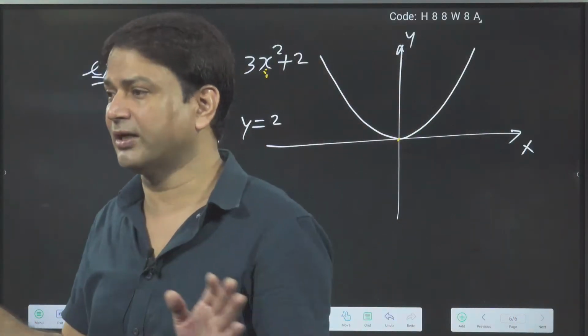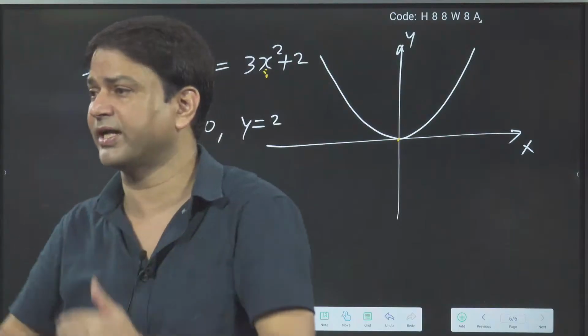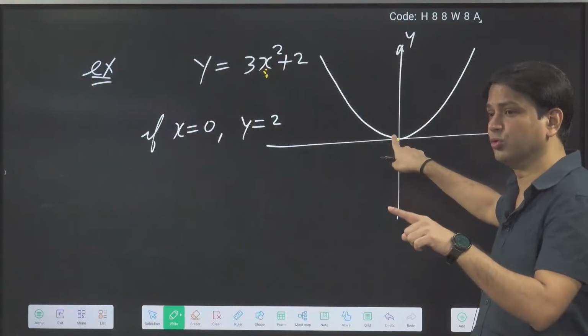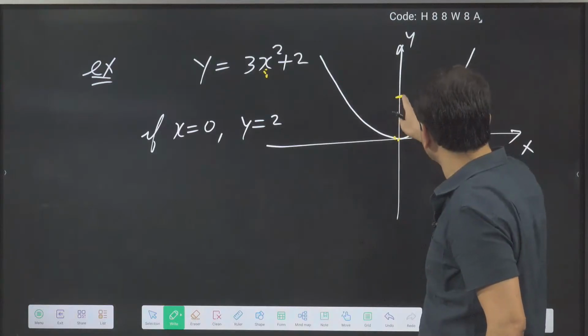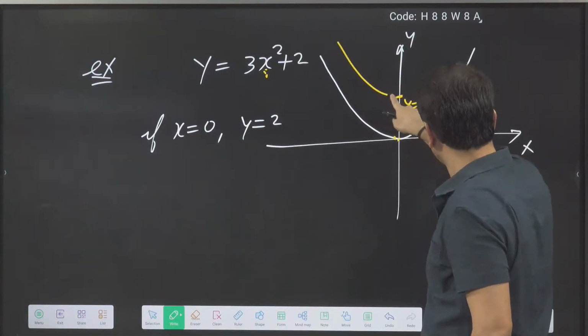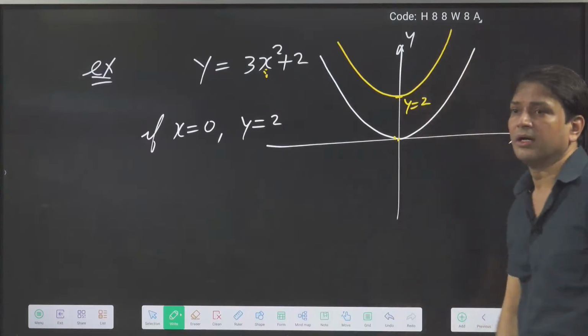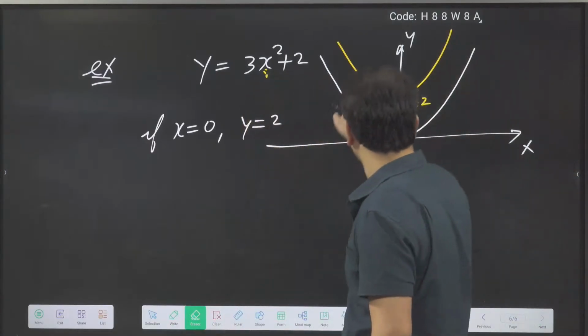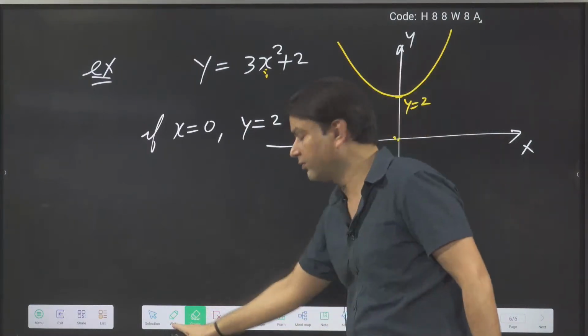What I said, the pattern will not change, only the position will change. We will shift this parabola to y is equal to 2. Suppose y is equal to 2 is here, so we will make this parabola. So the shape will not change, only the position will change. Then we got this parabola as the answer. Everybody got it or not?